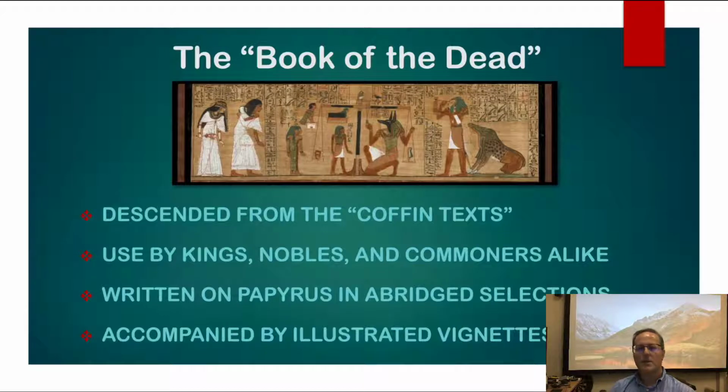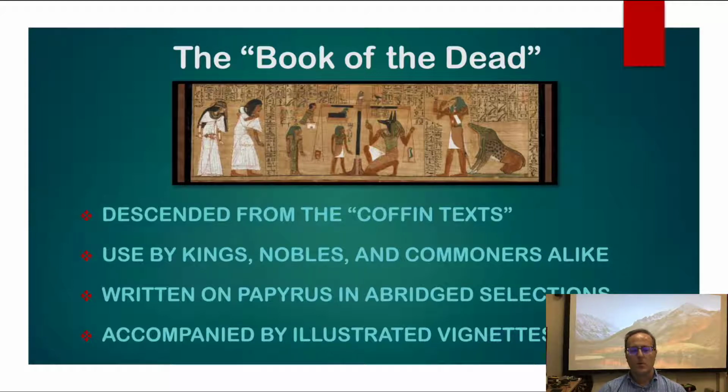Now, we will find illustrations of this paradise in the Book of the Dead. The Book of the Dead is a collection of ritual spells, which is descended from earlier ritual spells called the coffin texts. But unlike those coffin texts, which were only found in the coffins of rulers and local notables, the Book of the Dead had basically been democratized and was found in the tombs of kings, nobles, and commoners alike, at least commoners with enough money to buy a copy.